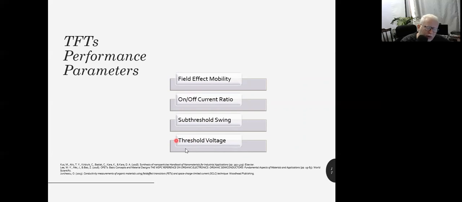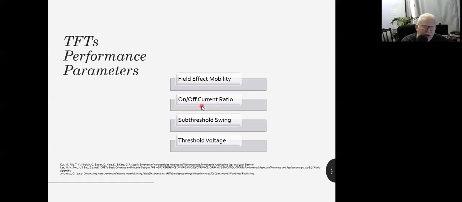I believe you know what the threshold voltage is, which is the minimum voltage of the gate that makes the transistor turn on. The subthreshold swing was demonstrated quickly when we studied the subthreshold voltage and the subthreshold current.